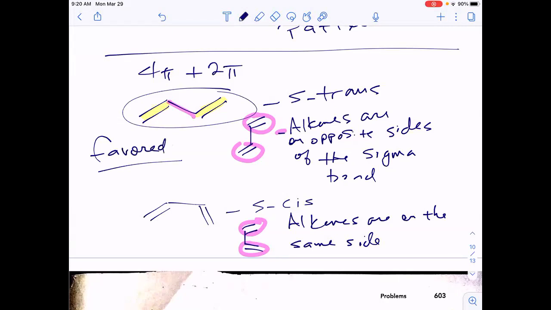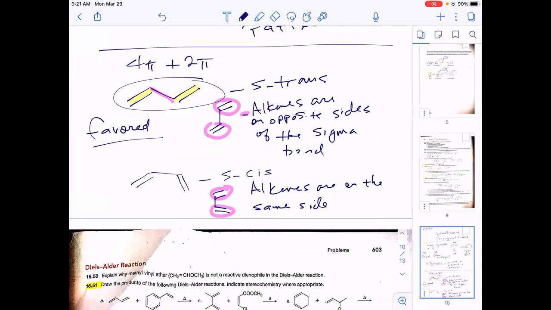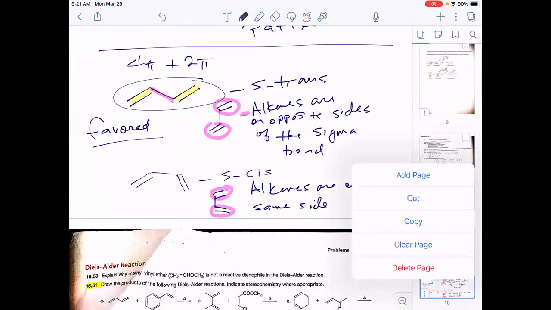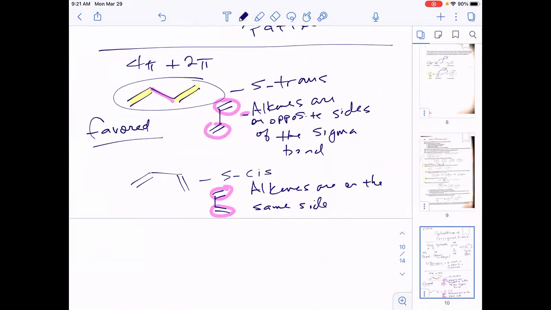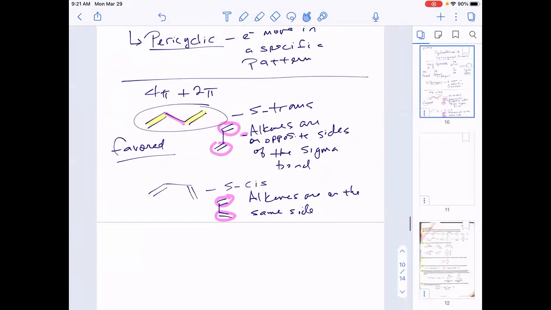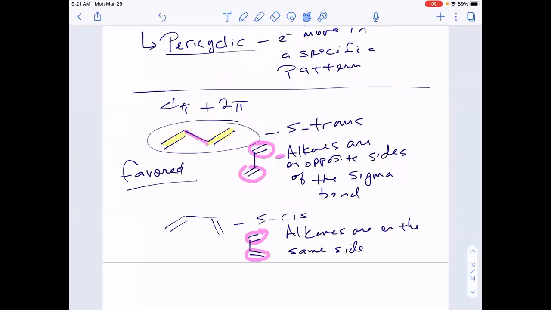So a gallon of 1,3-butadiene, 99% of it is going to be in that S-trans conformation. Any questions about that? You'll see why this matters in a second when we start talking about the mechanism and the transition state.